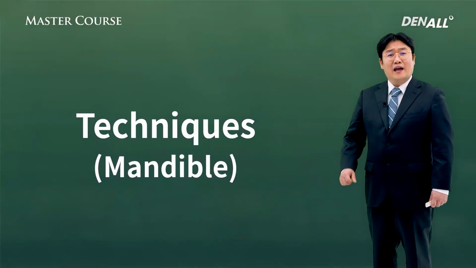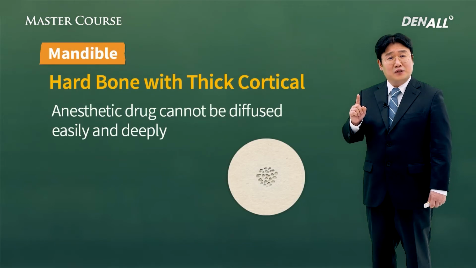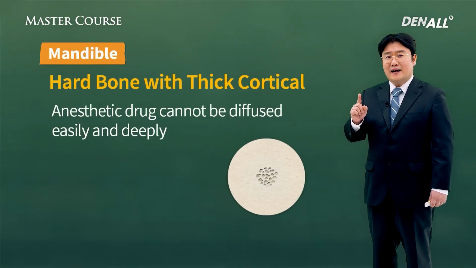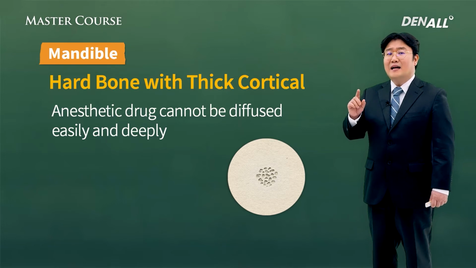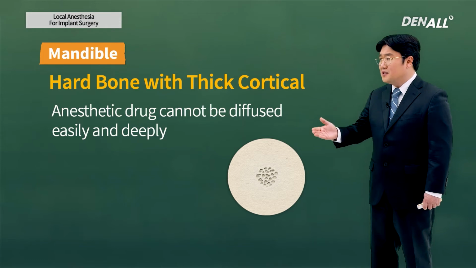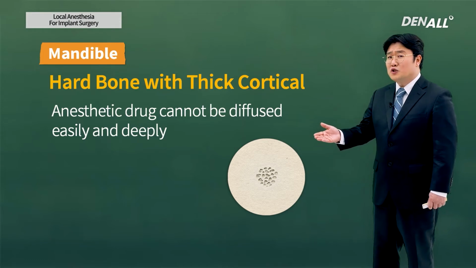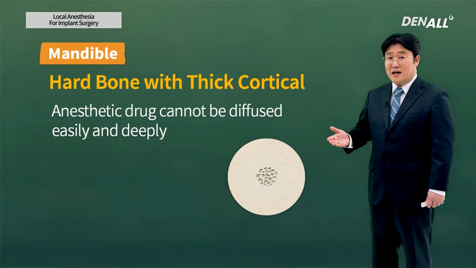The mandible is clearly different from the maxilla anatomically. What is the difference? In the mandible, the cortical bone is thicker than in the maxilla. It is a hard bone, so there are some considerations for local anesthesia.